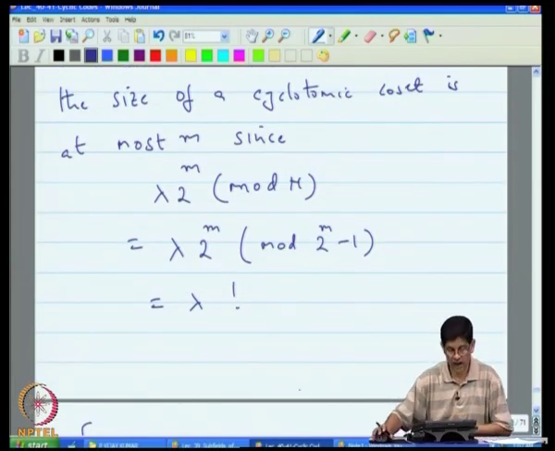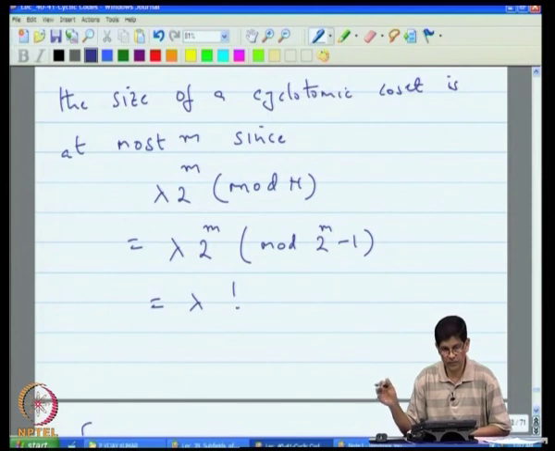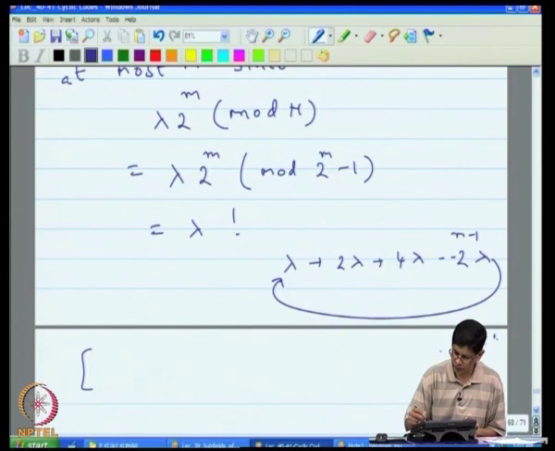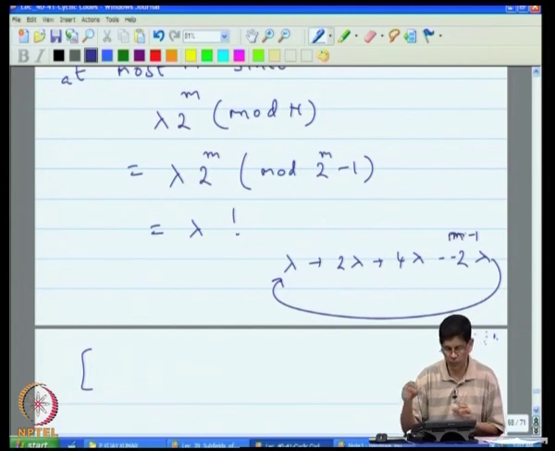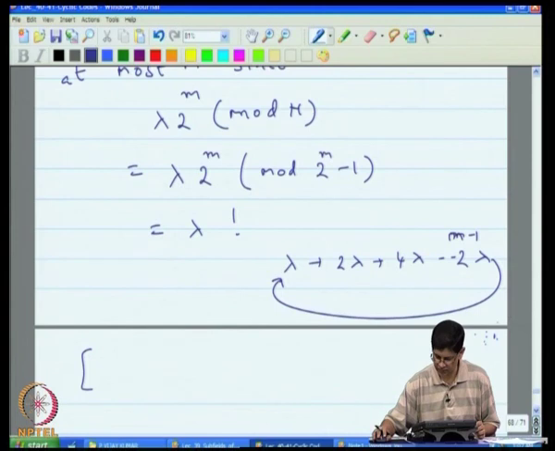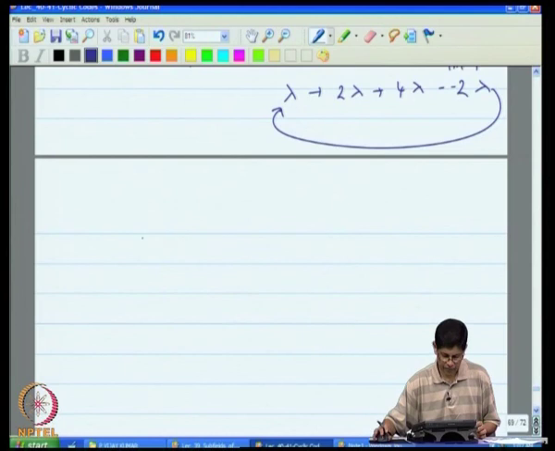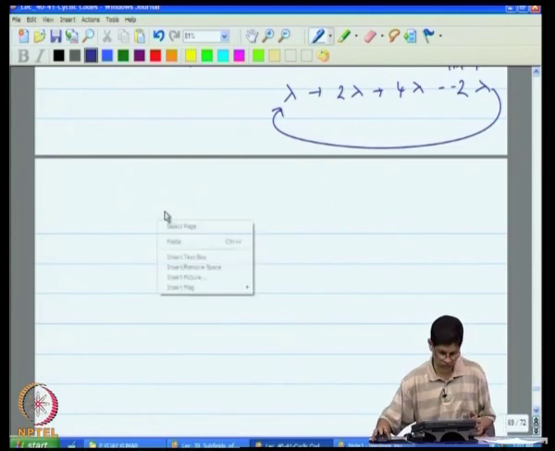So, that means that if you start from lambda and keep multiplying by powers of 2, after m steps you are going to be back where you started. So, the cyclotomic coset cannot contain more than m elements. So, what you will do is you will go lambda, you will go 2 lambda, you will go 4 lambda, and then at most you might end up with 2 to the m minus 1 lambda, but at the next step you will come back to lambda. So, the size of your cyclotomic coset can never be more than m. Okay, so, that is one thing to keep in mind. Okay. And so, that is observation 1.